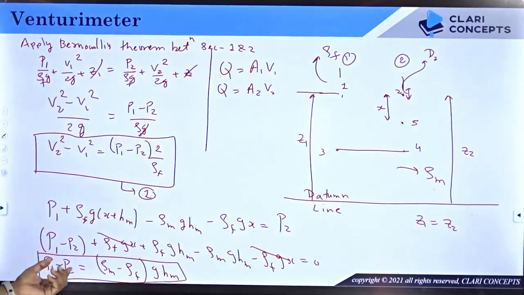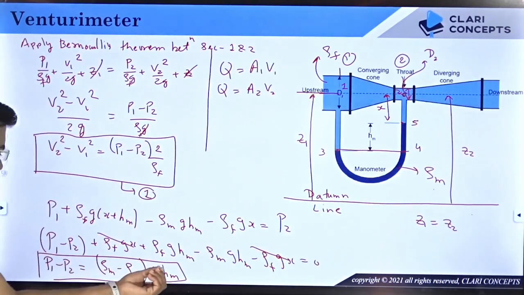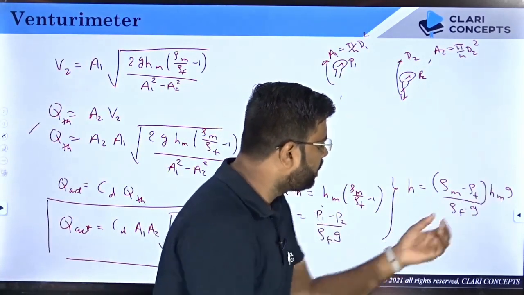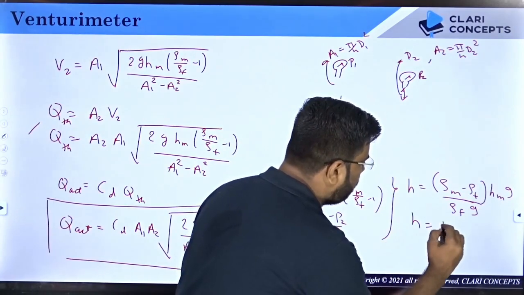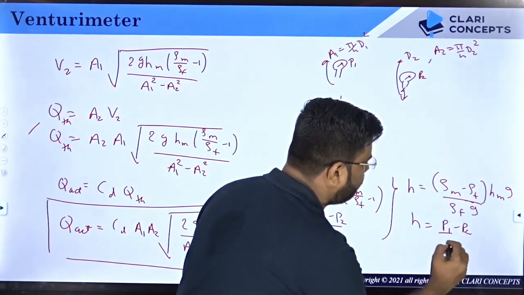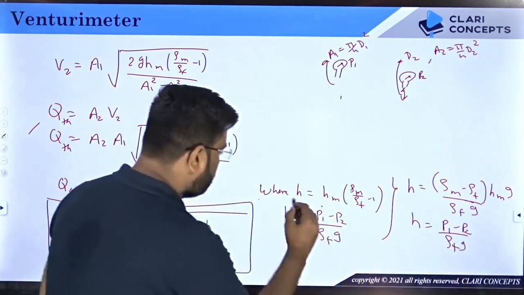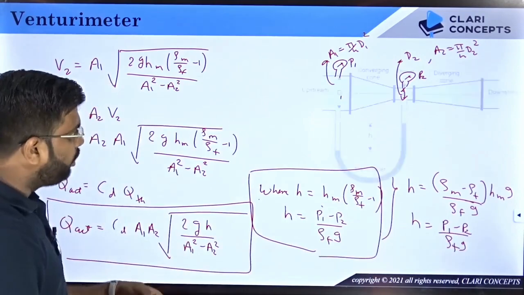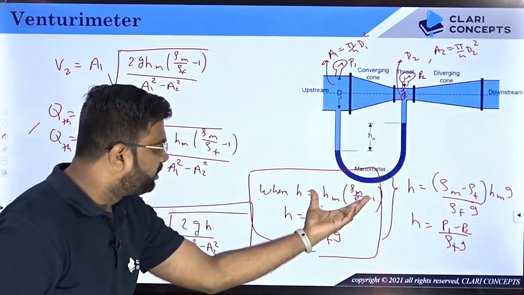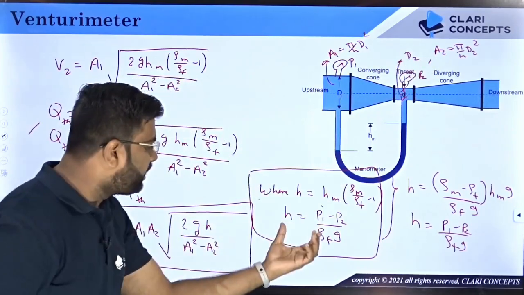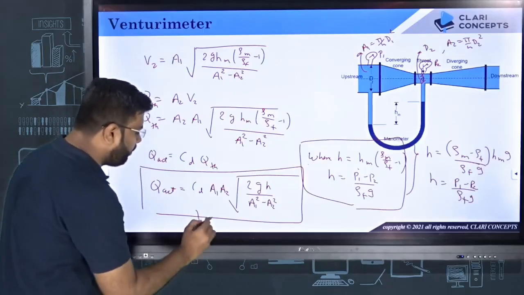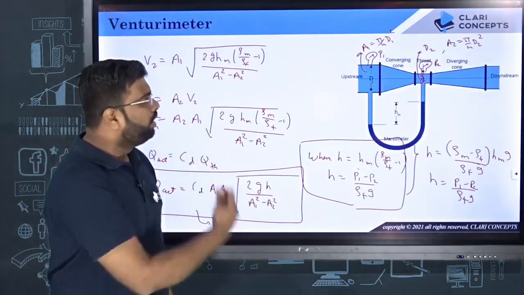You might have got P1 minus P2 is rho m minus rho f into g HM. So the numerator will become P1 minus P2 and the denominator is as it is, rho f g. So therefore this is fine, and you can use both of these. When a manometer is given to you, you can use H as this. When pressure gauges are given to you, you can use H as P1 minus P2 by rho f g. So this is the final formula through which you can find the flow rate of the Venturimeter.